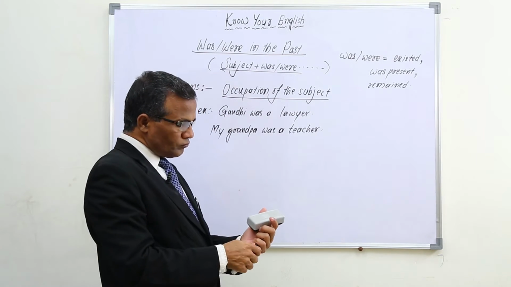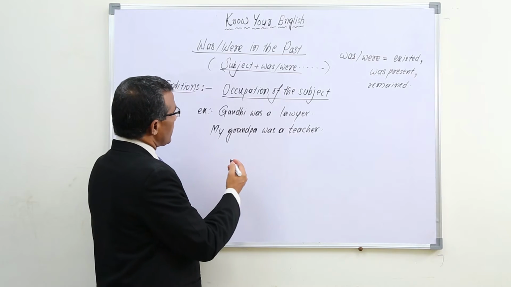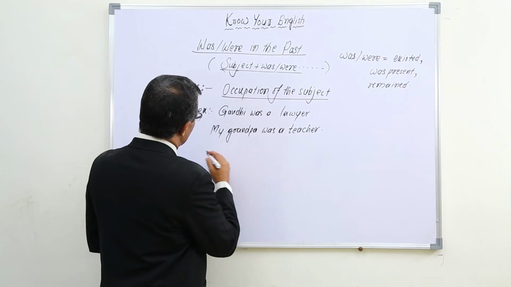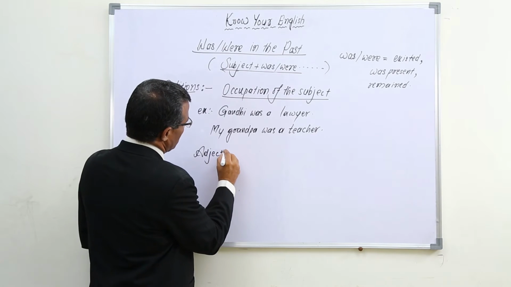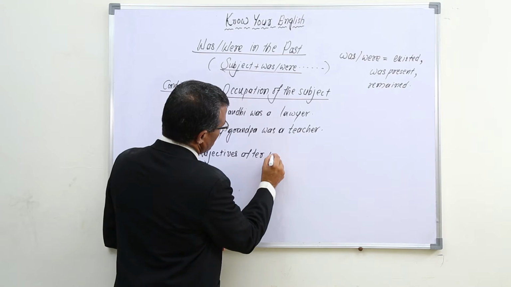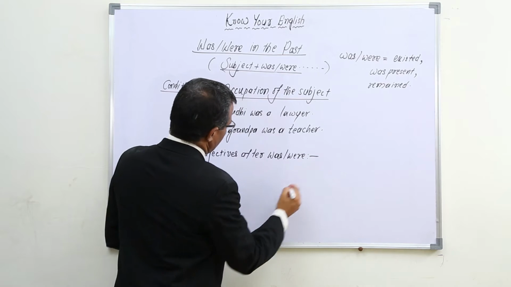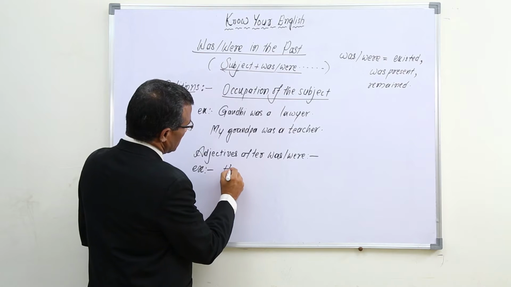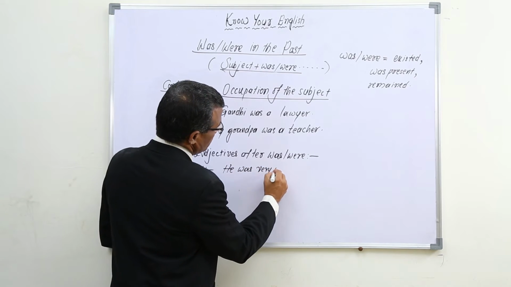And we can use this structure after adjectives also, adjectives after was or were. For example, he was very active.